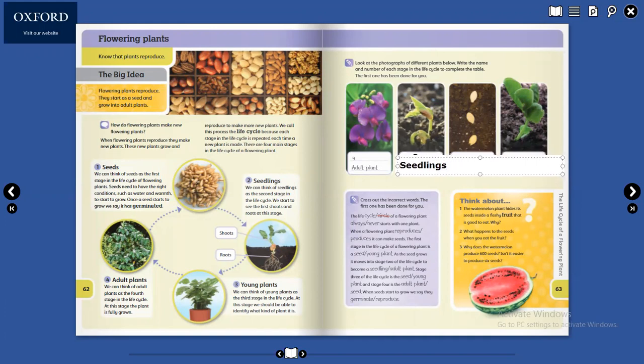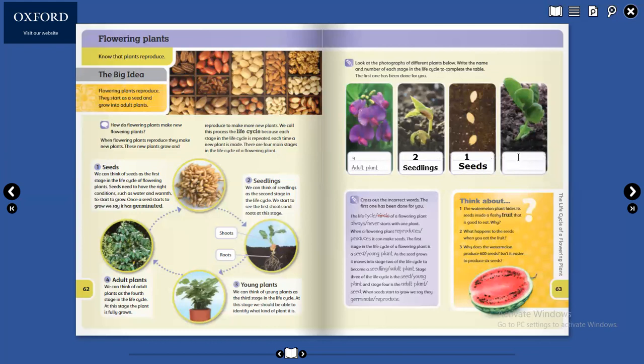Okay, this is seedling. Number 3 is basically number 1. One, seed. Yes, it's 1, which is seed. Very good.